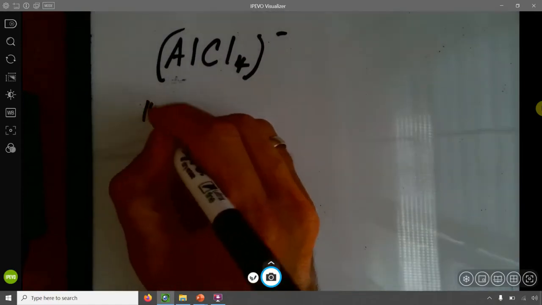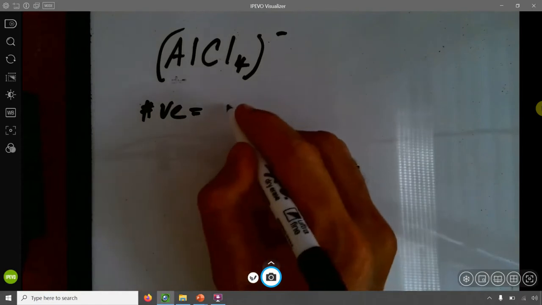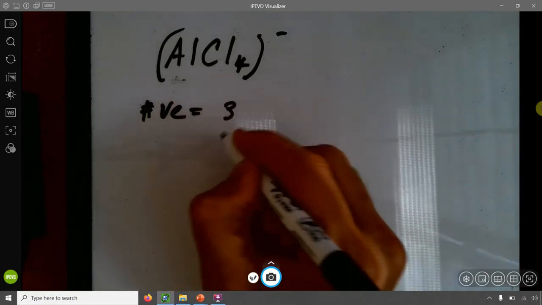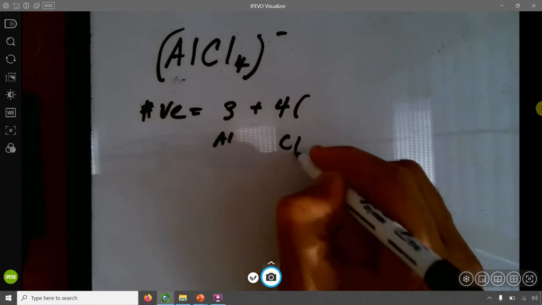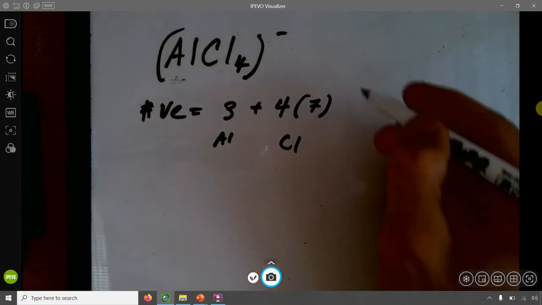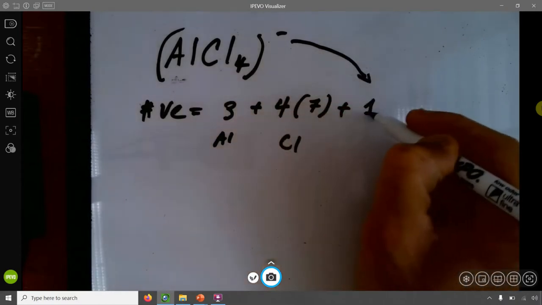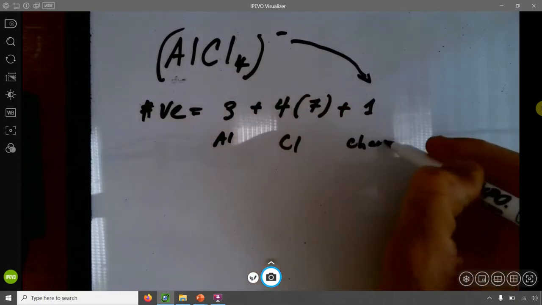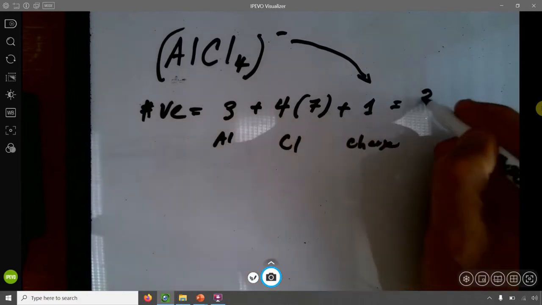So I need the number of valence electrons, and that's going to be, well, I have 3 from aluminum, plus each chlorine has 7, so there's 4 of them, 4 times 7, plus this 1 from the charge. So 3 plus 28 plus 1, that's 32.